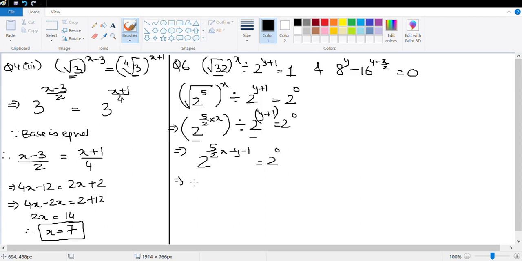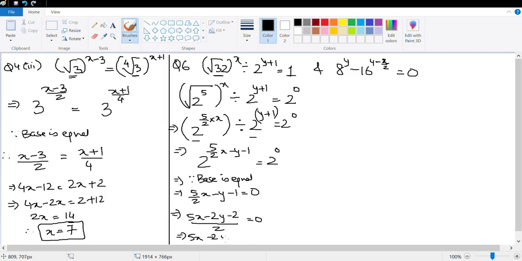Since the base is equal, what I get is 5 by 2x minus y minus 1 is equal to 0. Let's take the LCM. So that's (5x minus 2y minus 2) upon 2 is equal to 0, which means 5x minus 2y minus 2 is equal to 0. That becomes my first equation.